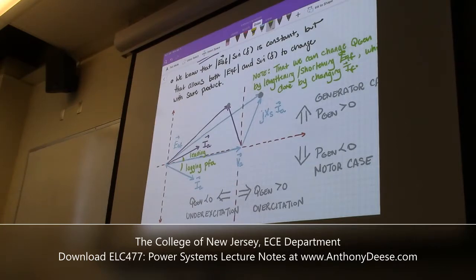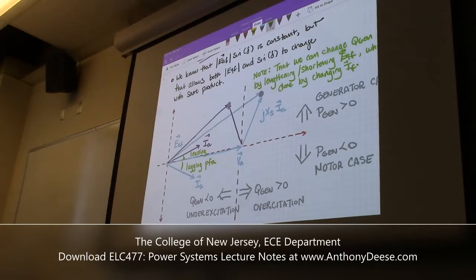And the one thing that I haven't drawn on here is you'll note that both of the points fall on the same level, which we're going to call the constant real power level.